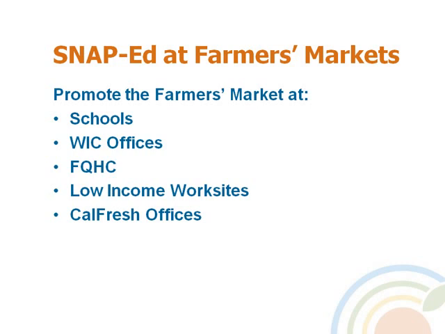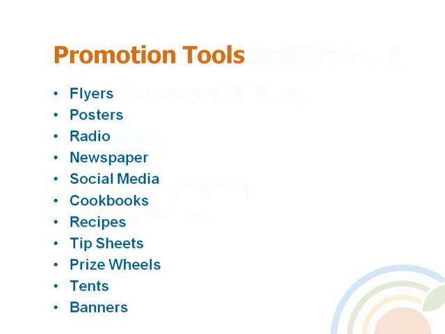Some of the promotion tools that we have that are available for our funded partners to promote farmers markets are flyers, posters, radio remotes, newspaper ads mainly to identify events, educational events at the farmers markets, social media. We have our cookbooks in terms of being able to have giveaways, recipes to give away, tip sheets, prize wheels, tents for projects to use, and banners.